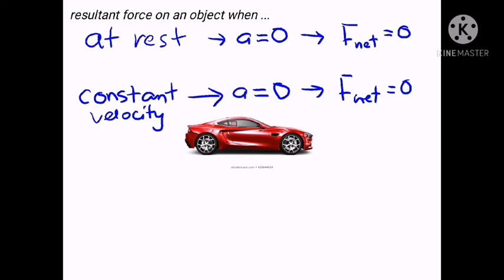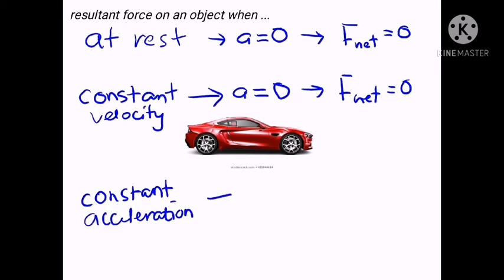The car is moving, but with a constant acceleration. Alright, so what can we say about my acceleration? It is non-zero. Since it is non-zero, my F net is also non-zero. Alright, so these are the important things that we learn in this lesson here.